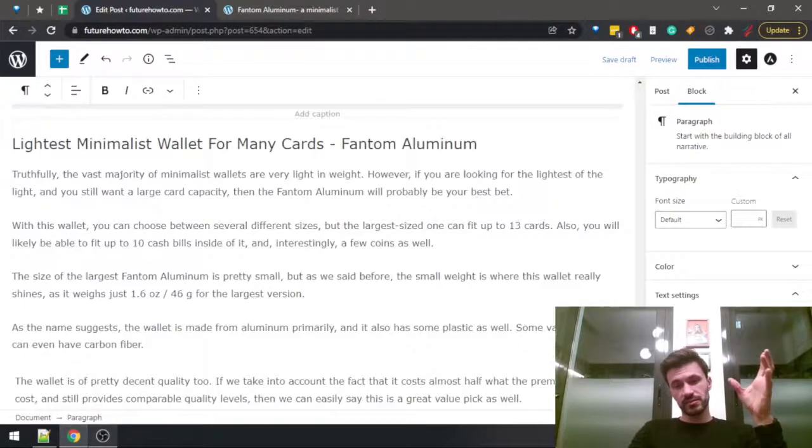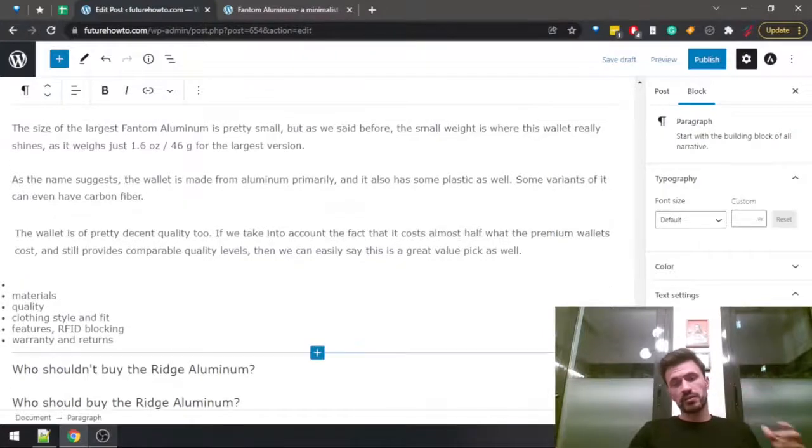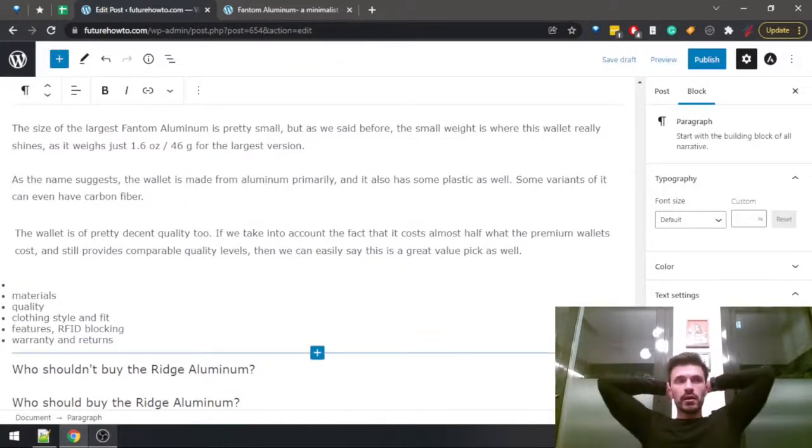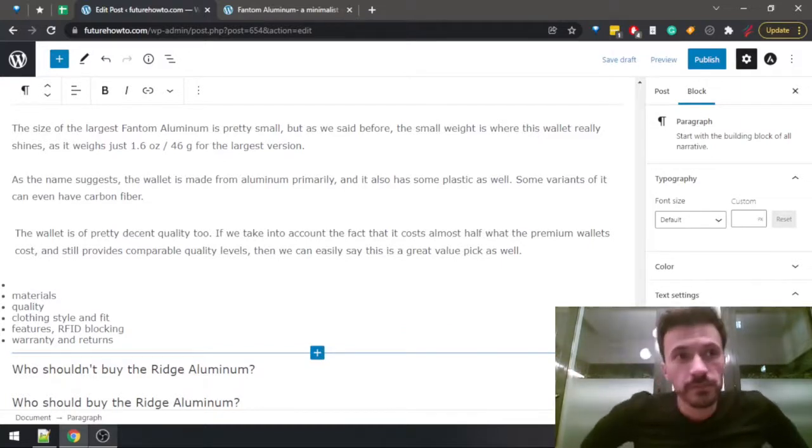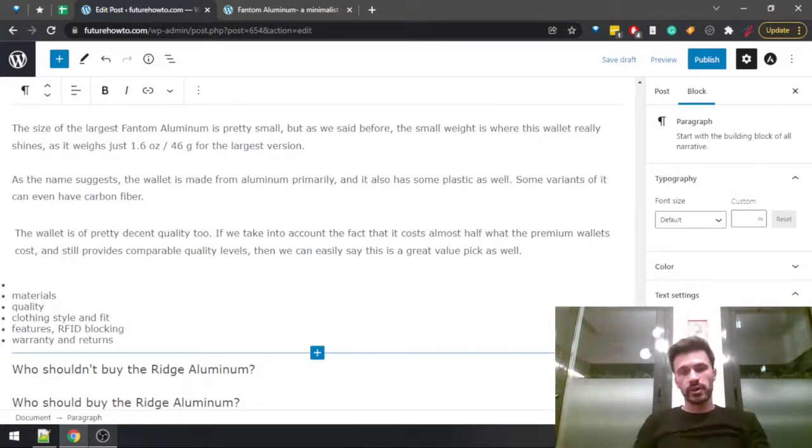This isn't necessarily the best budget product. It's somewhere in between with the price. It's usually closer to the cheaper end, but it provides a disproportionately higher level of quality, features and performance for the price of the product. So that's how I describe value in all of my blogs.